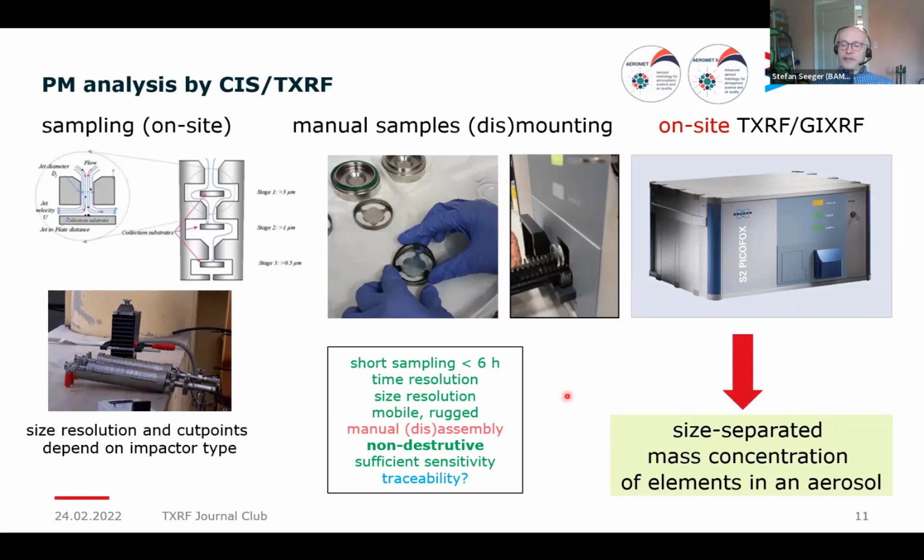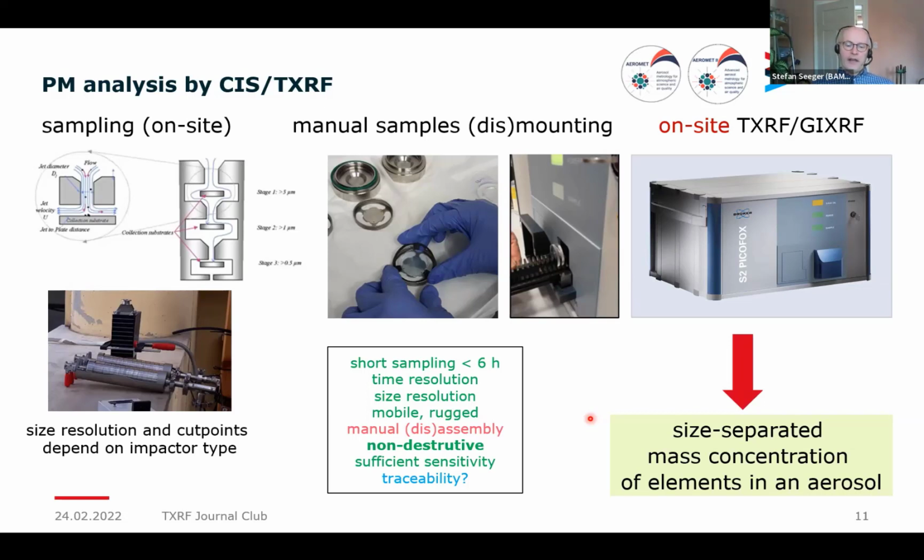One advantage is definitely that this method is non-destructive, so you may then, after first analysis in the field, do a second analysis with other setup, with other instrumentation later in the lab if you're interested in some more details of the samples. So that is quite a nice feature of this method. The method has also sufficient sensitivity, and last but not least, there is the question of traceability.